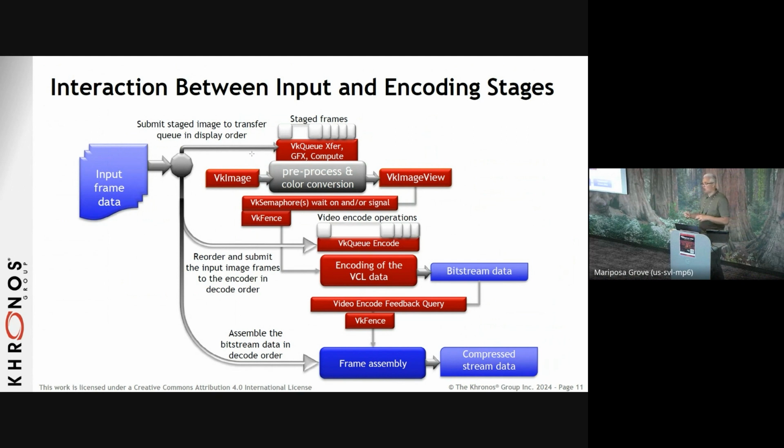If you need to do more things, for example a color conversion, fancy filtering of the images, or maybe generating metadata for high quality video encoding, in those cases you may need compute kernels as well.